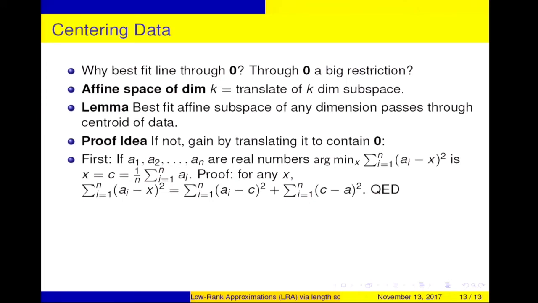So I'm going to expand AI minus x whole squared. I write it as AI minus C plus C minus x. There's a cross term that I'll show is 0.